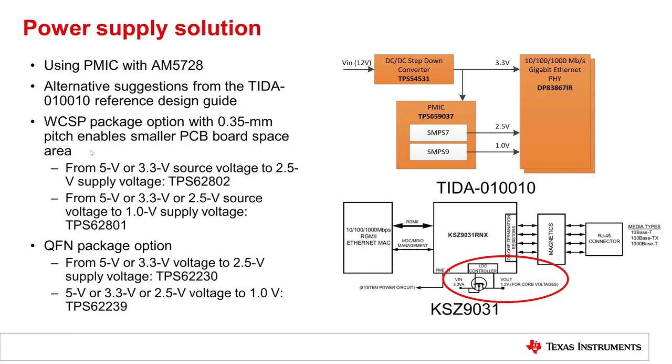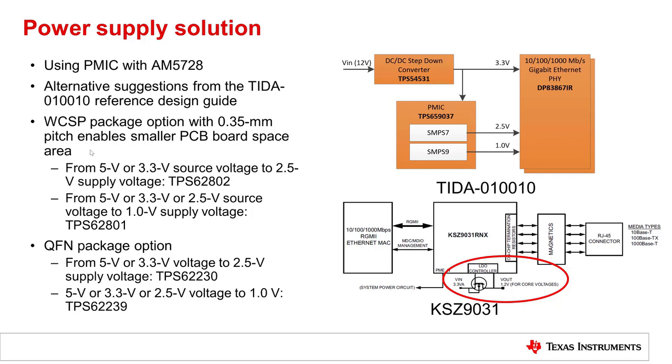This slide shows the power supply solutions for the TIDA 0110 and the KSZ9031. This is on the right side, where you see that the TIDA 0110 is using the PMIC to generate the 2.5 volts as well as the 1.0 volt. The PMIC has an integrated DC to DC converter, which is quite efficient.